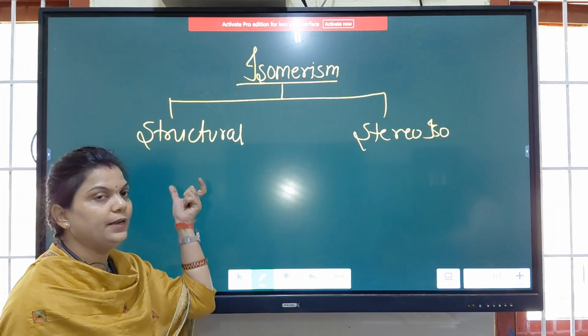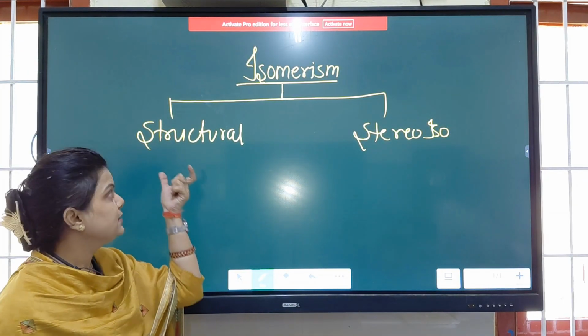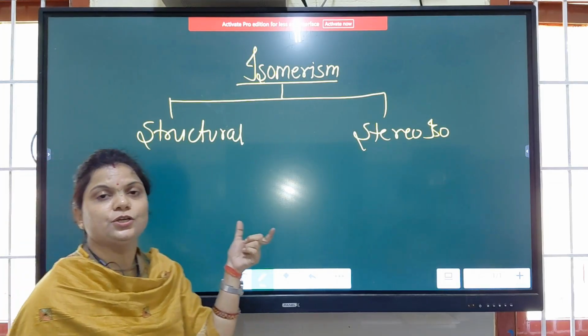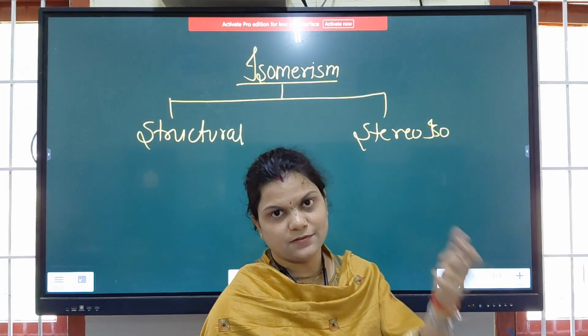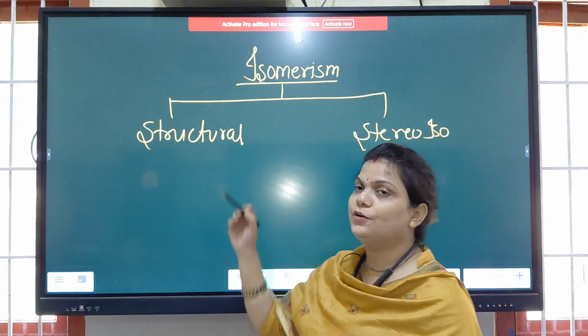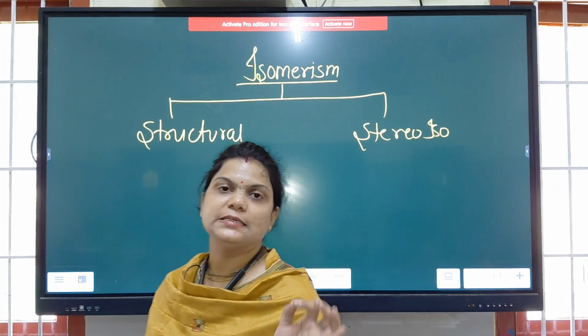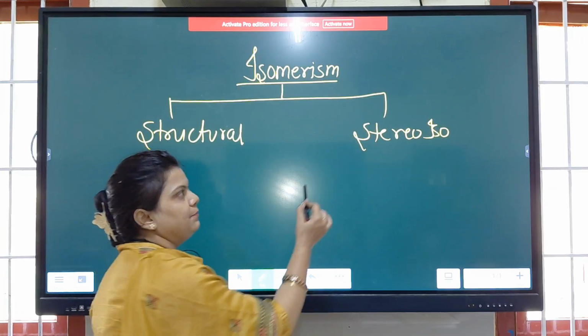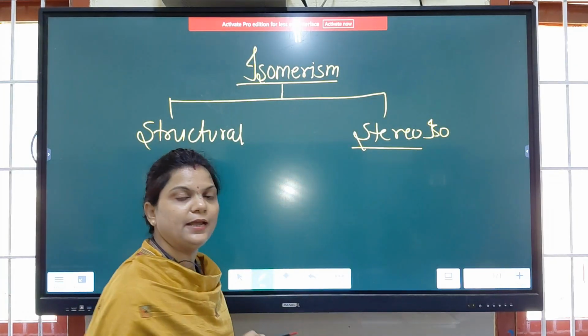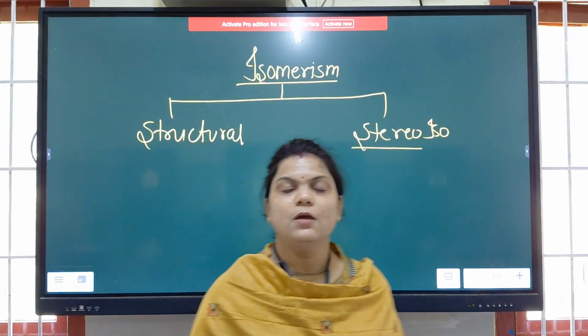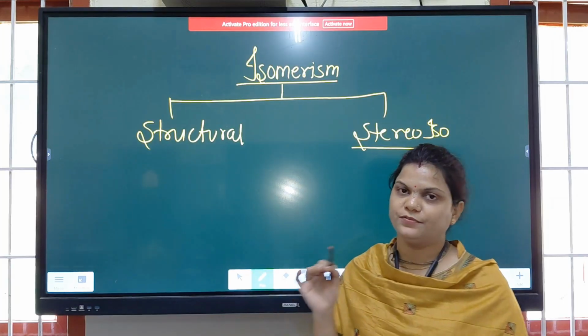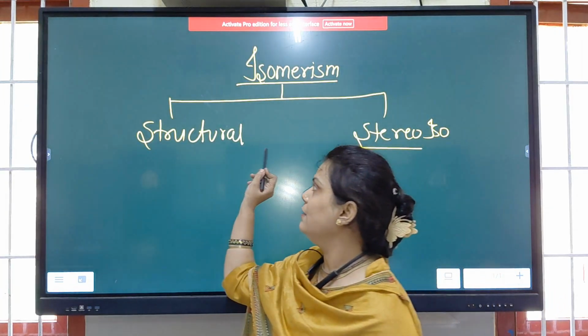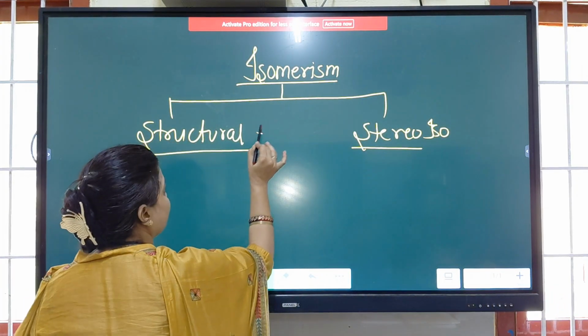Structural, as its name indicates, is the isomerism in which the molecular formula is the same but the structure is different. In stereoisomerism, the molecular formula is the same but the spatial arrangement of the atoms is different.